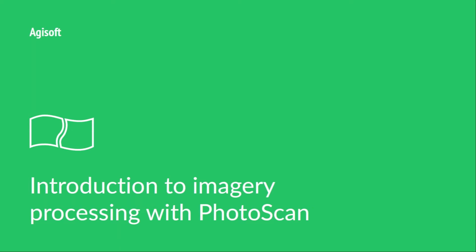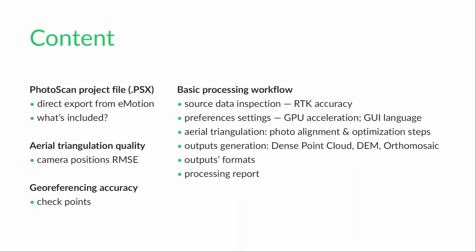First, briefly explain what a PSX file is and how to open it in PhotoScan. Then I will demonstrate the basic processing workflow to generate the targeted outputs like point cloud, digital elevation model, and orthomosaic. And also during my talk, we'll discuss the crucial issue of accuracy validation of the results.